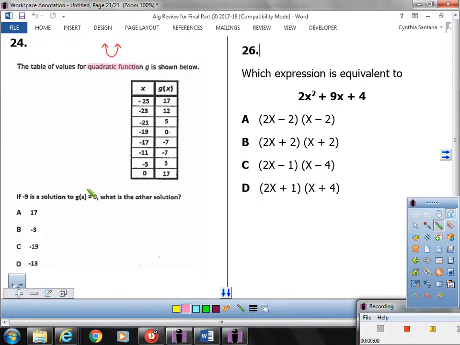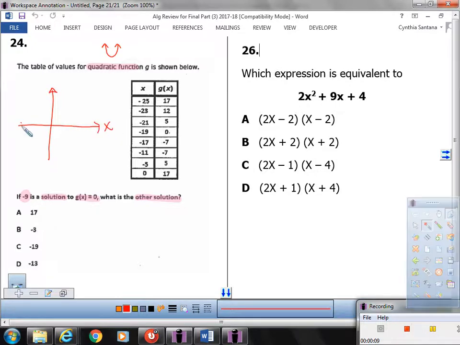The question is, if -9 is a solution to g of x equals 0, then what is the other solution? In other words, if we were to graph this quadratic, one of the solutions would be at -9, which would be somewhere over here.